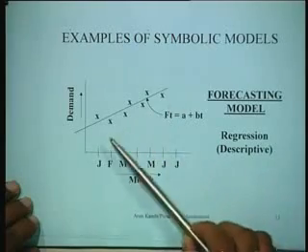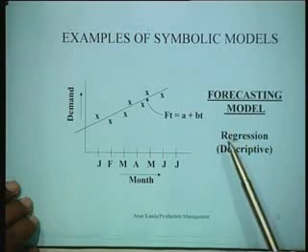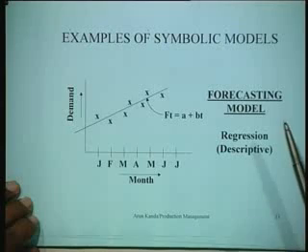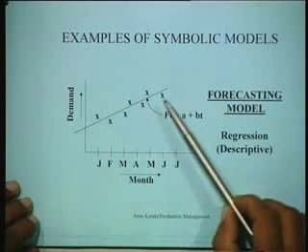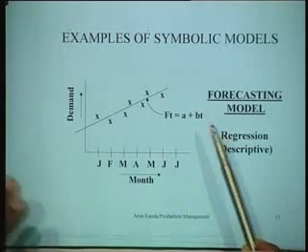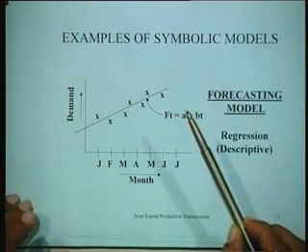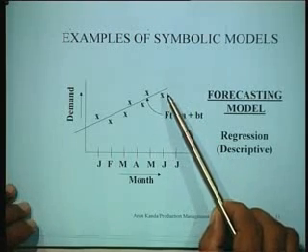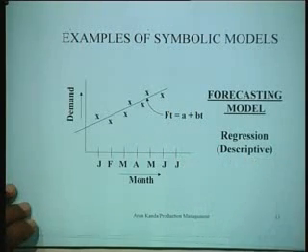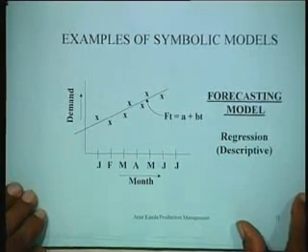One very simple example is using a regression model or a forecasting model of the regression type, which is essentially a descriptive model. You fit some function to this. It need not necessarily be a linear function, it could be any function. Once you have fitted this function, it behaves as a model which will tell you how much demand there would be for the future months. Depending upon the accuracy or the model validation process, you could rely on this information to take decisions pertaining to your production system.